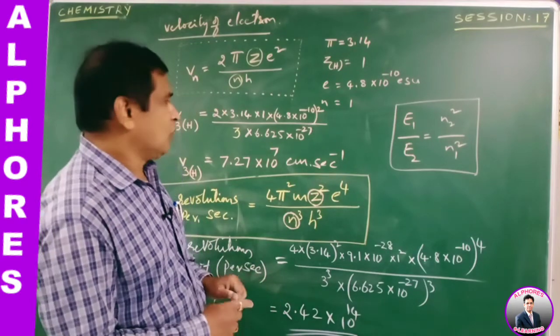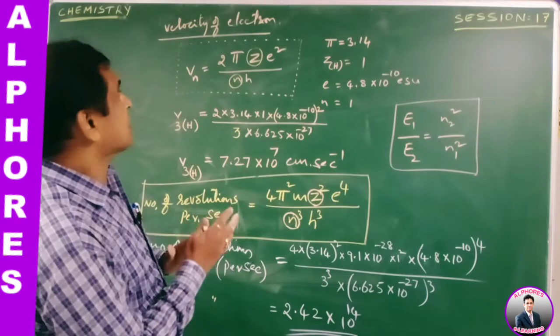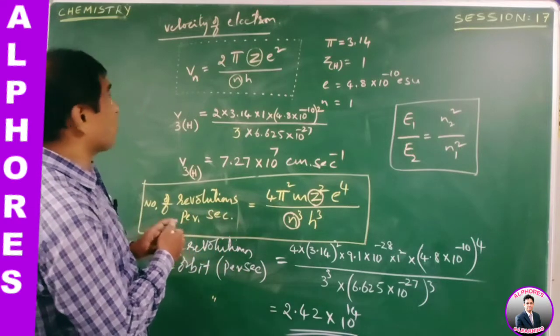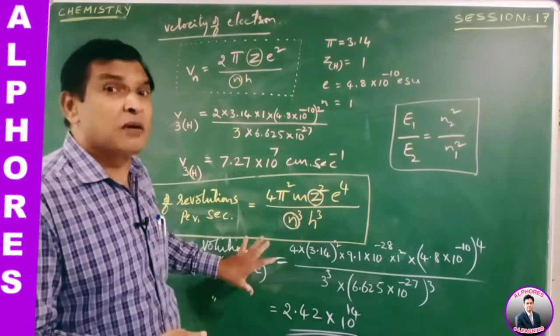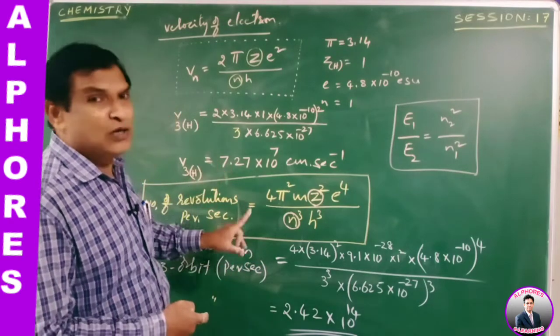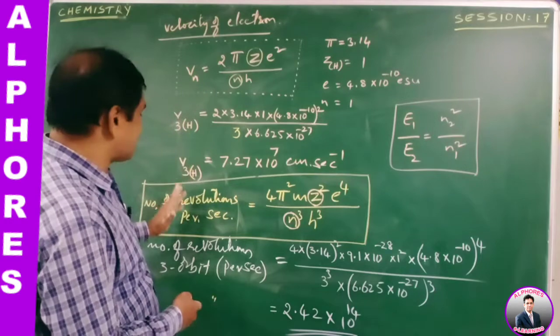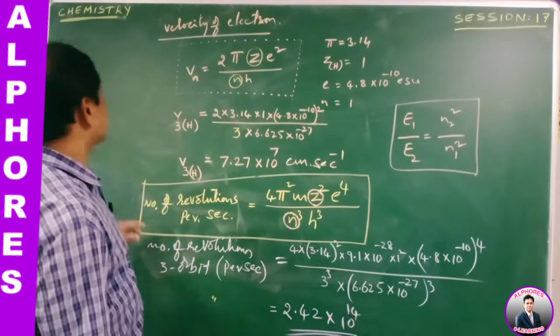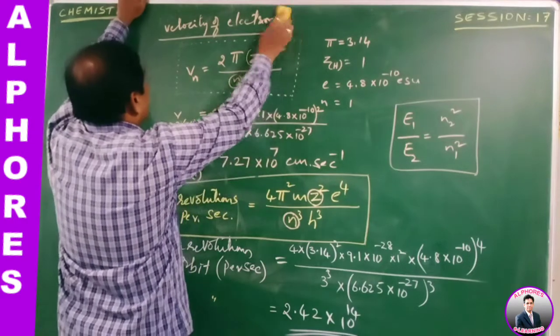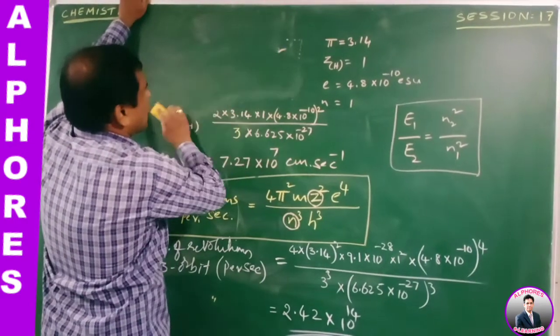That is the brief description of the velocity of the electron, and the number of revolutions made by the electron around the nucleus per second is also completed. Okay, now coming to the next concept, that is the number of waves. Next concept.